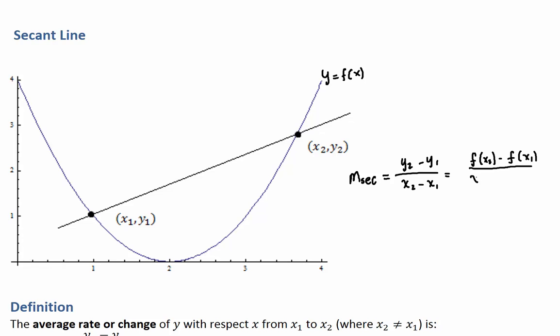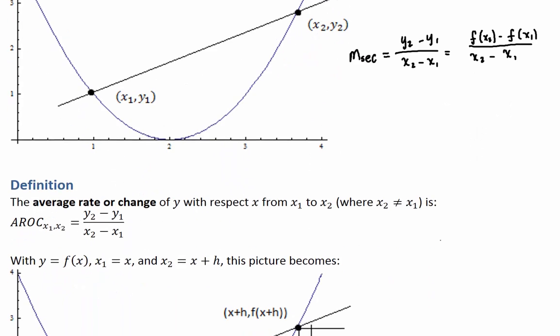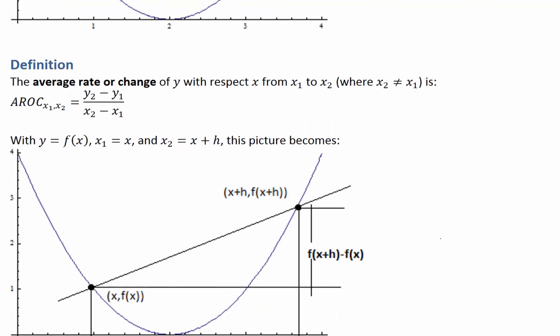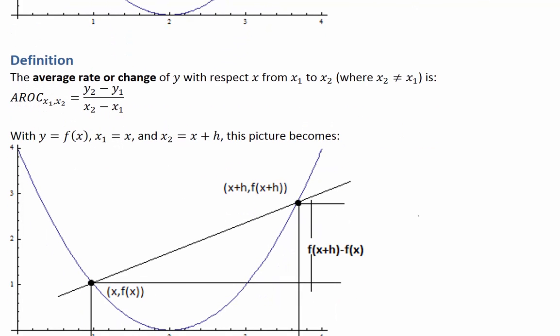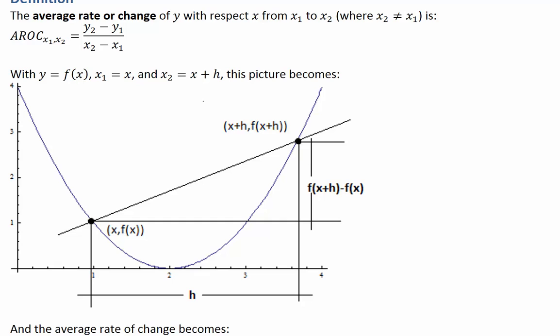And then the slope of the secant line can be written in terms of the function and only the x coordinates. That slope will be called the average rate of change. So right here I could have written it as f of x2 minus f of x1 over x2 minus x1.